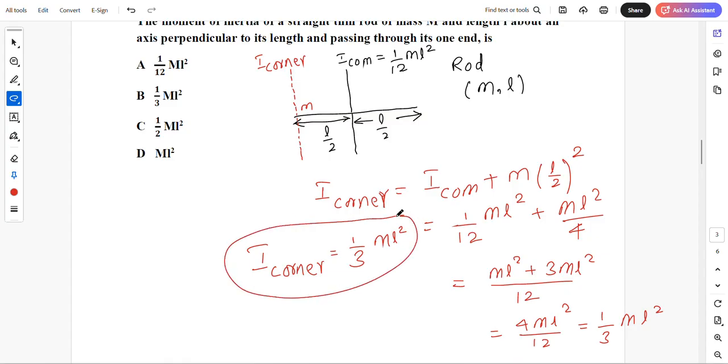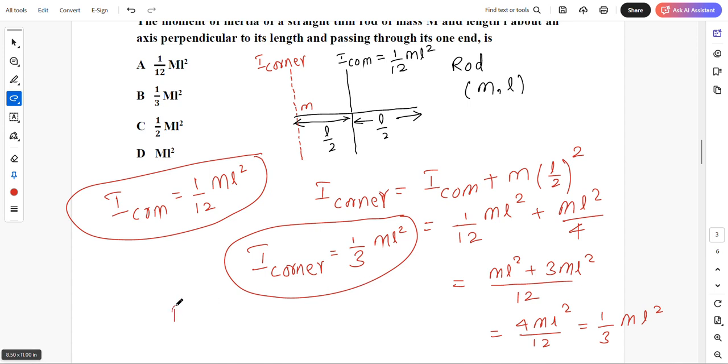Kindly remember, I COM is 1 by 12 M L square, and I corner is equal to 1 by 3 M L square for a thin rod of mass m and length L. Hope you understood.